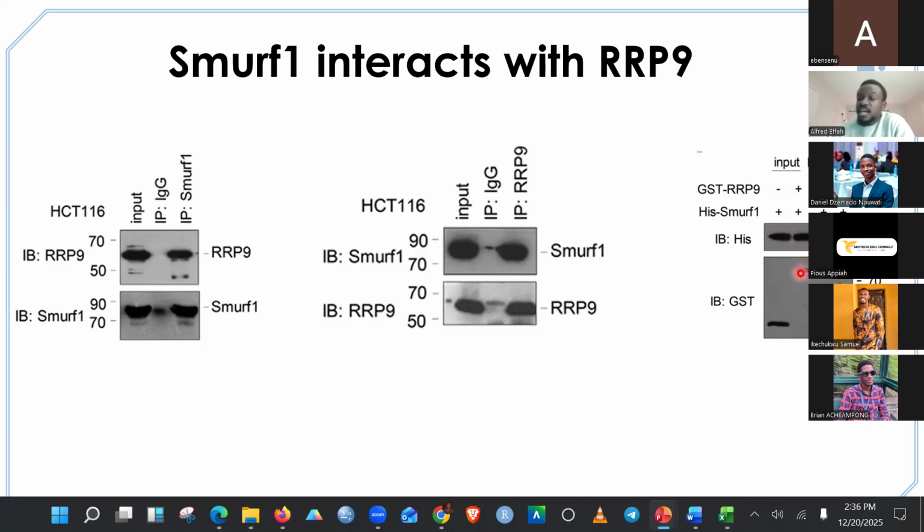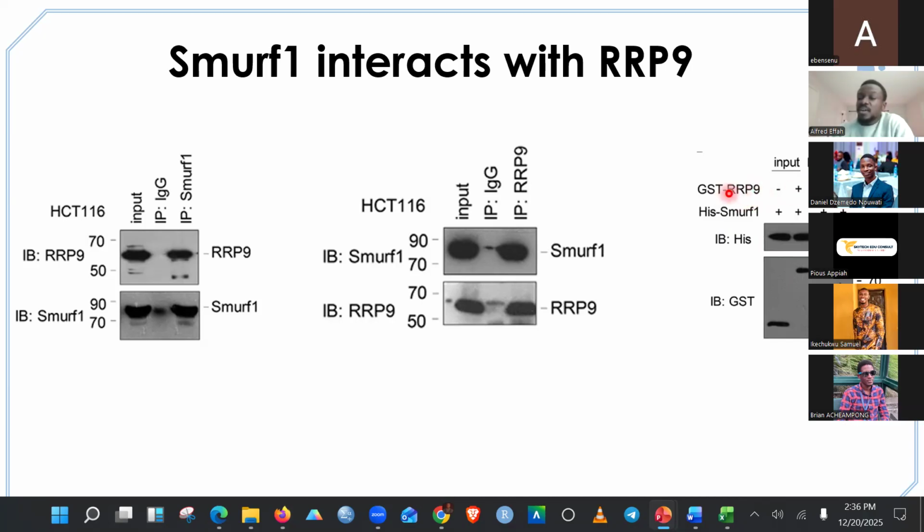We should also see RRP9. We should see it here because the two of them are present. Now, when we perform Western blot, we immobilize this, we incubate with this. Now, when we pull down, we want to see if the SMURF is present or not. So this is our result.